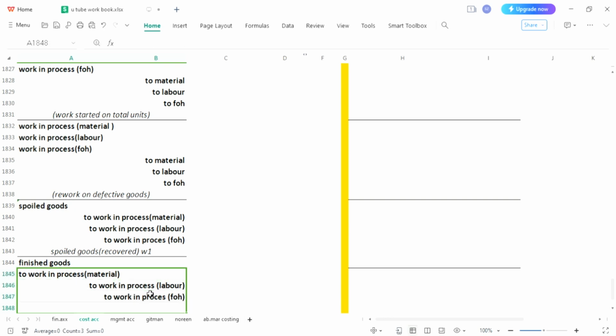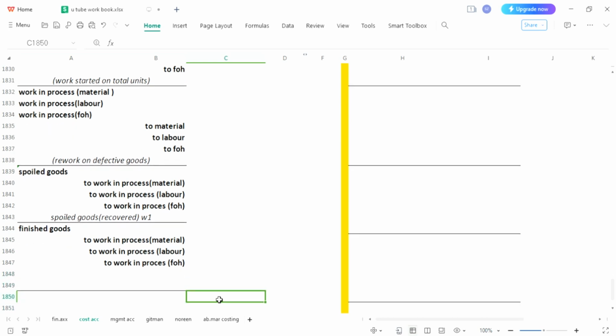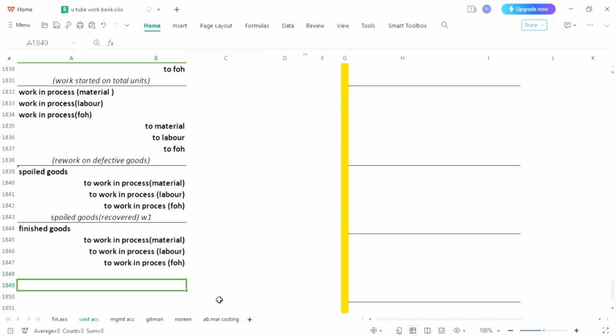So let's align them to the right side to make them visible on the credit side. This way your final entry would be completed. Right now we are just completing our journal entries. Finished goods cost would be calculated over here.